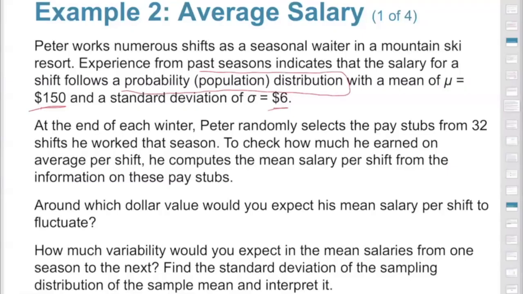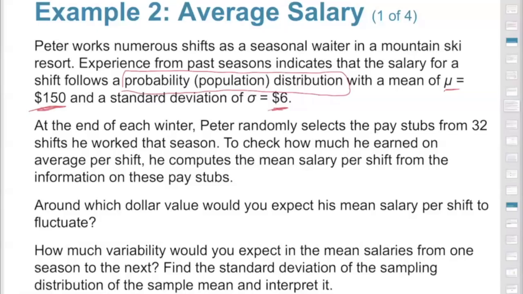It doesn't say whether it's a normal distribution or not, just a population or probability distribution. We know two things from this distribution: the mean is 150 and the standard deviation is $6.